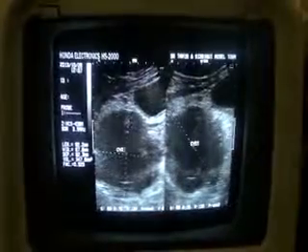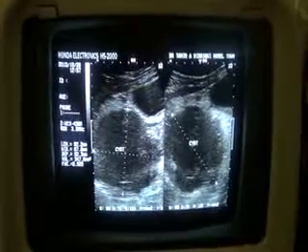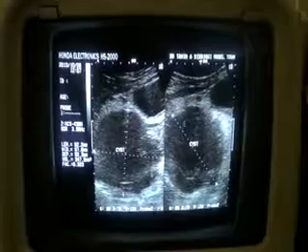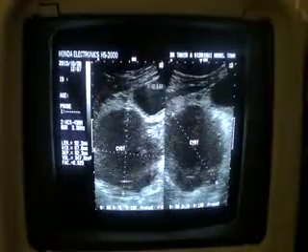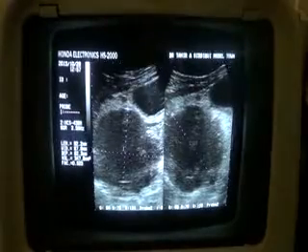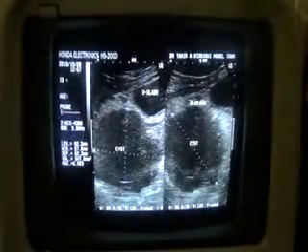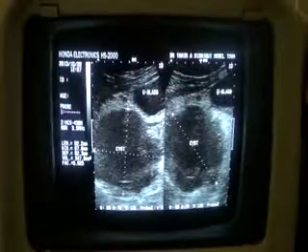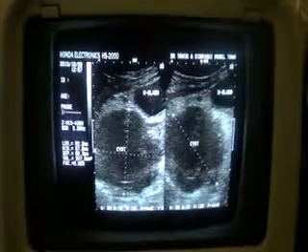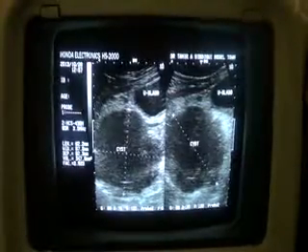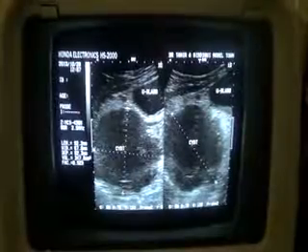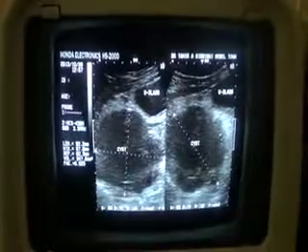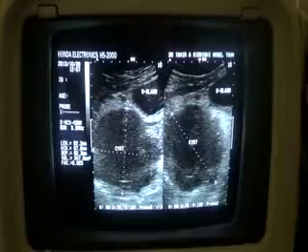Dependent region echoes are more thick. This is the urinary bladder. So after surgical intervention, the volume is going to be more than 400 ml.